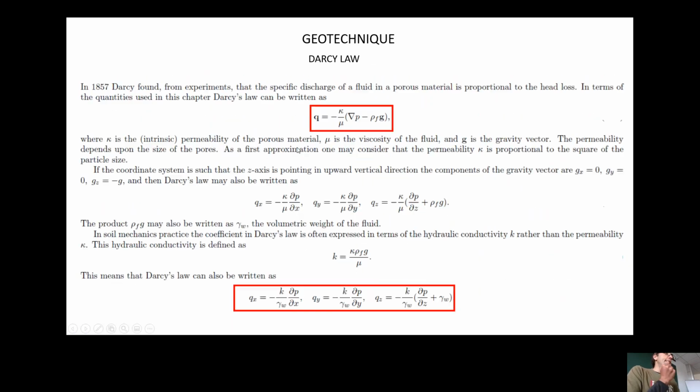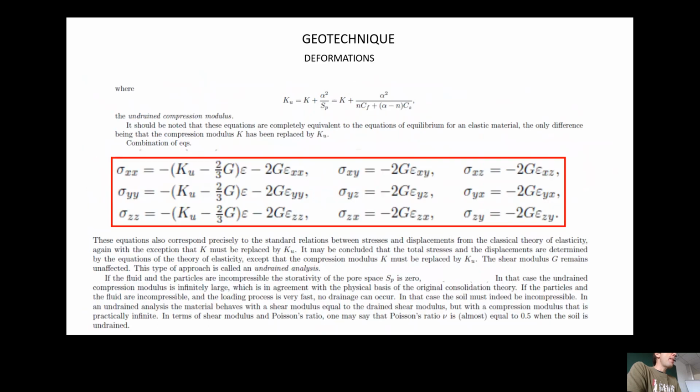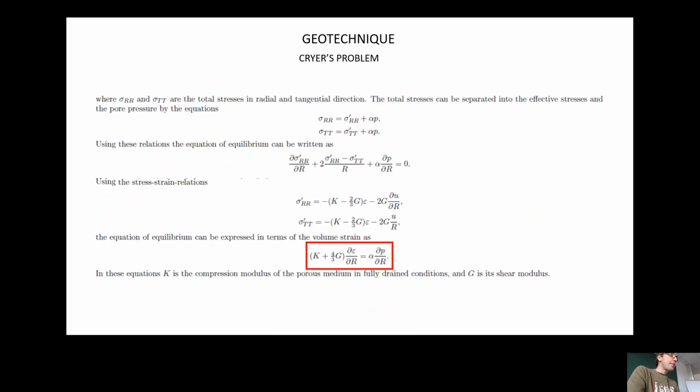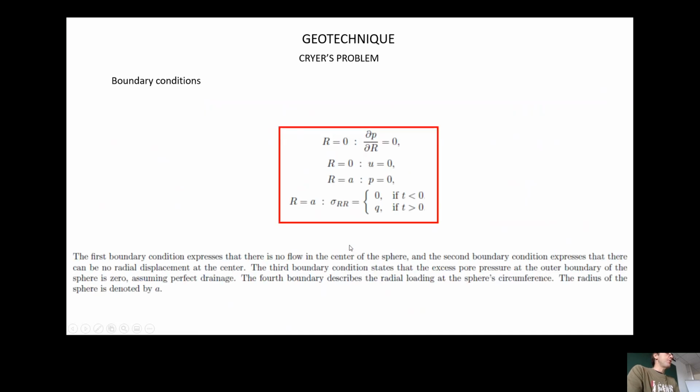So if we consider at this point the Cryer's problem, we can remember that this is the final equilibrium solution, and we have to impose, of course, the boundary conditions. So what are the boundary conditions? We have two boundary conditions at the center of the sphere, when r is 0. The derivative of P with respect to r is 0, and u, the displacement, is 0.